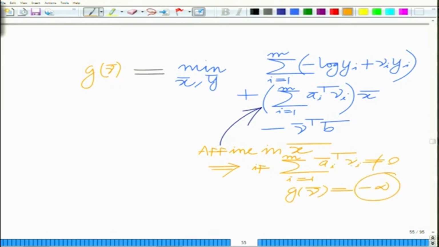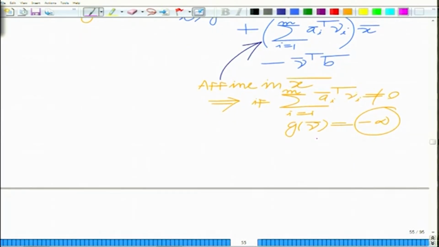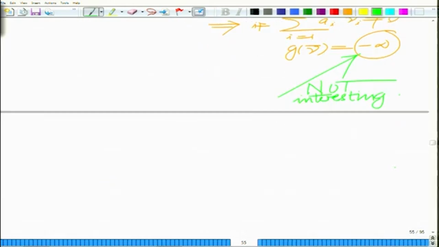Because it is an affine function, this is not interesting. Once again, this is not interesting.